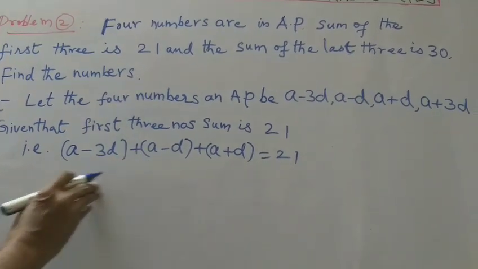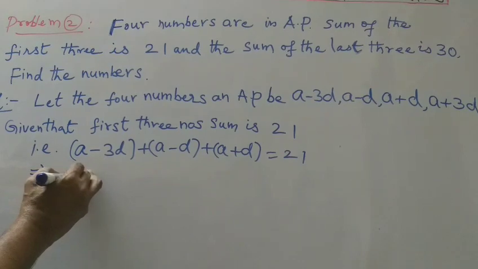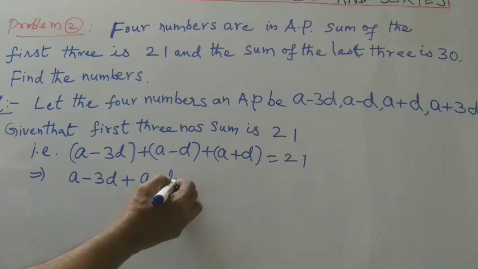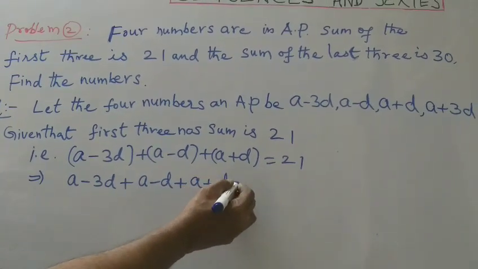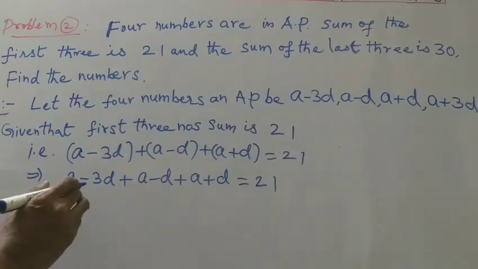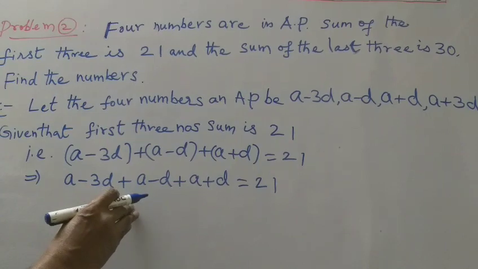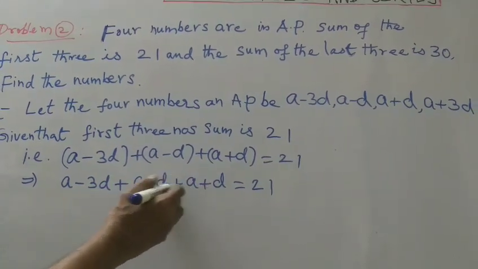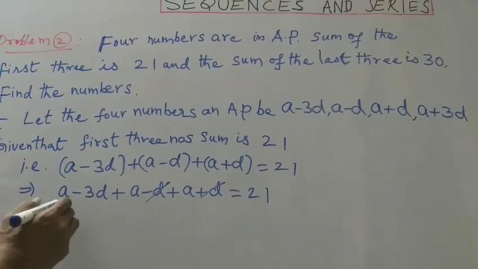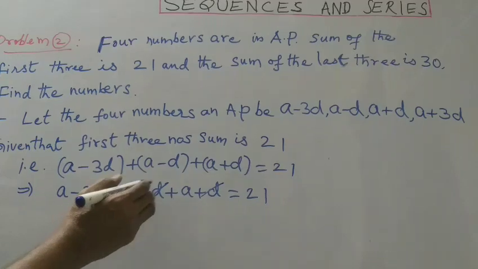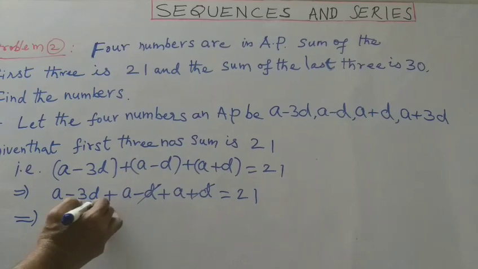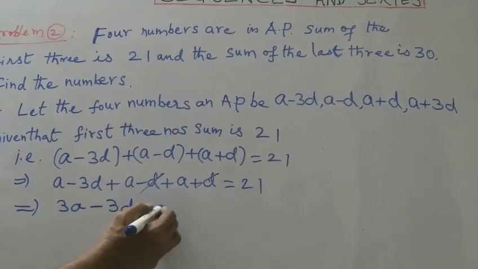On expanding these brackets, it becomes a minus 3d plus a minus d plus a plus d is equal to 21. In this, the like terms are minus d and plus d, both are cancelled. Remaining minus 3d is left over here. And a plus a plus a, it becomes 3a. 3a minus 3d is equal to 21.